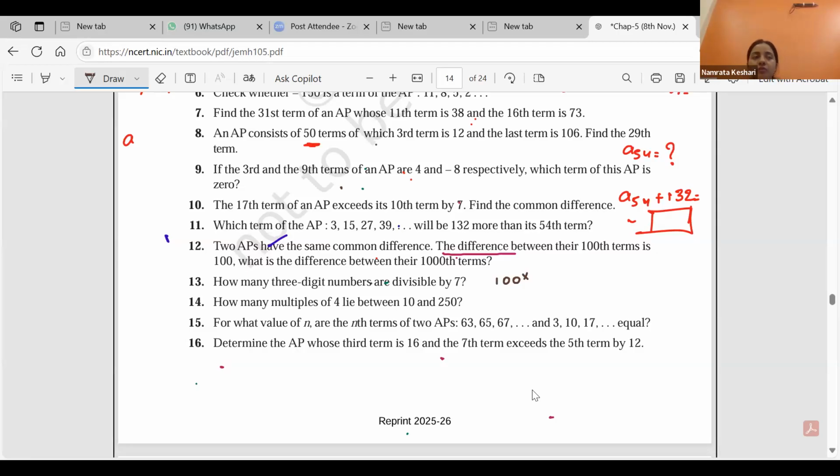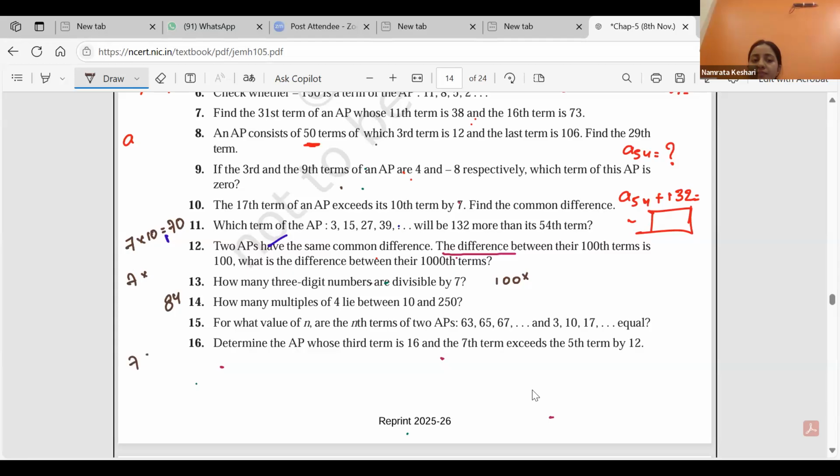There are so many ways to identify it. You can refer to the table of 7, or maybe you can check 100, 102, like that. One of the ways, 7 10 times 70, you already know. 7 11 times 77, 12 times 84.